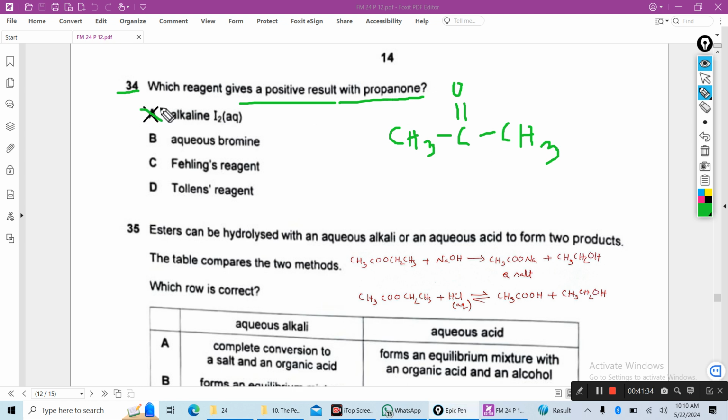So this answer will be alkaline iodine. And aqueous bromine, no reaction. Fehling's solution, no reaction. Tollens' reagent, no reaction, because Fehling's solution and Tollens' reagent react with aldehyde, not ketone, and aqueous bromine reacts with alkene. So only A is the right answer.